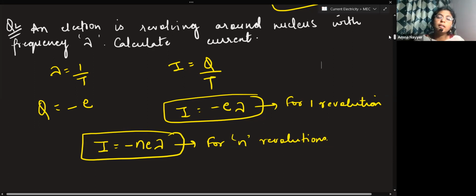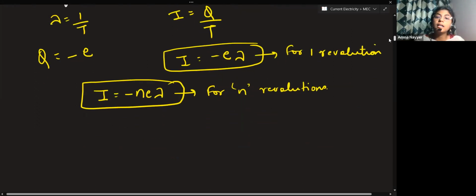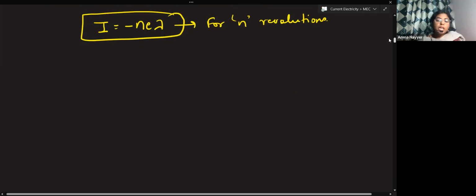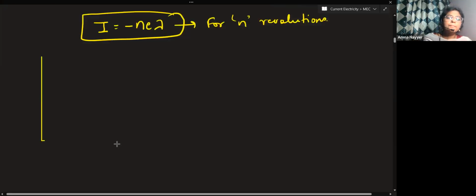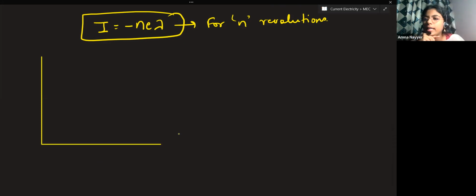Now one more thing regarding charge and time. If I plot a graph between charge and time, let me draw the graph. Whenever you want to know the slope of any graph, just take the ratio of the y-axis and x-axis quantities.